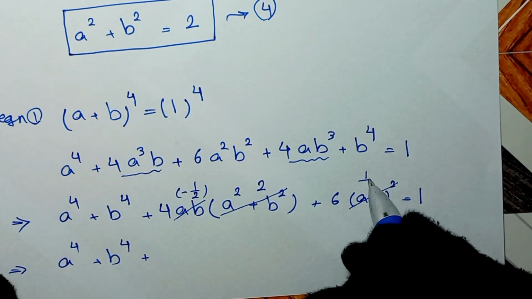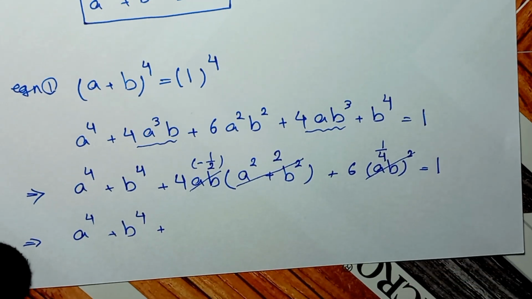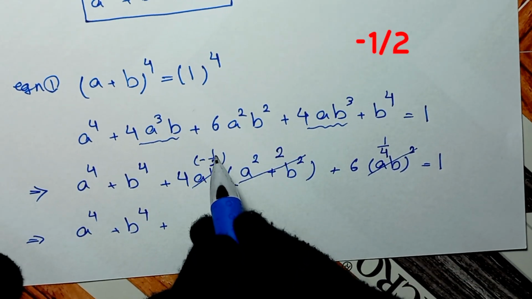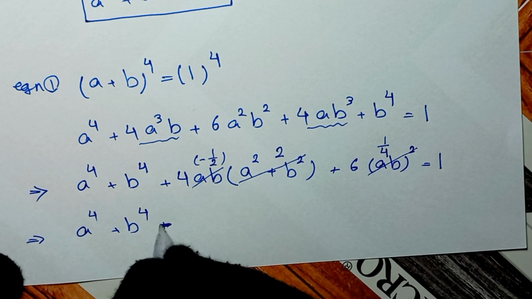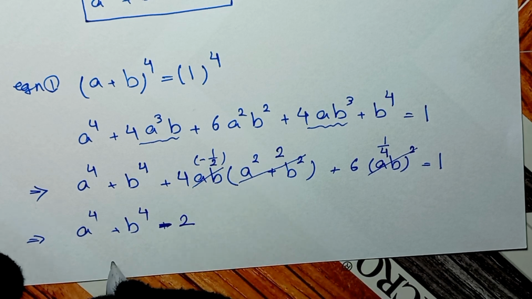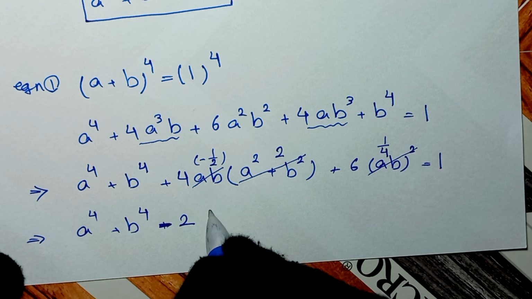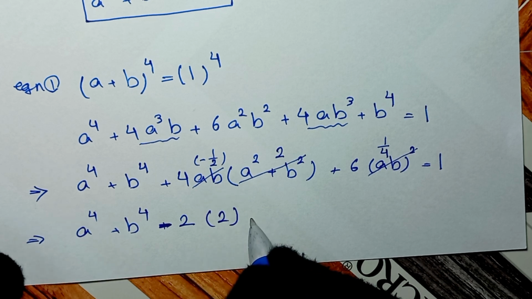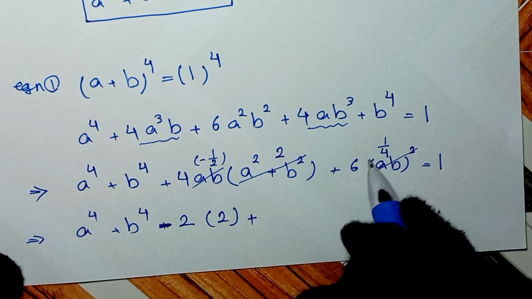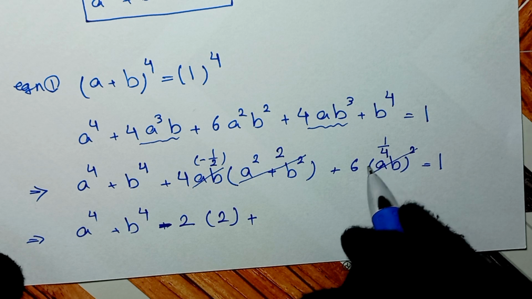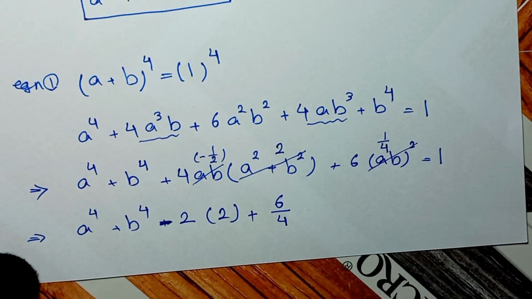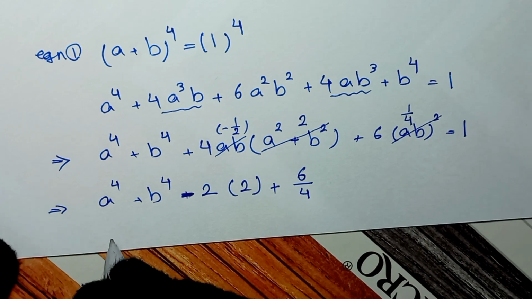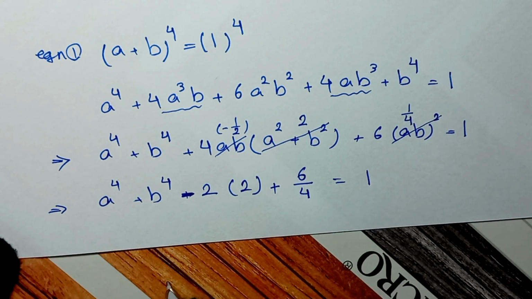So 4 times negative 1 over 2 is negative 2, times this 2, and plus 6 times 1 over 4, which is 6 over 4. And this is equal to 1.